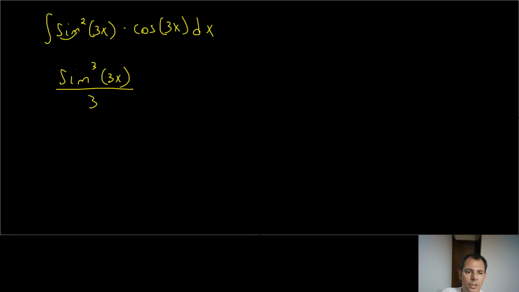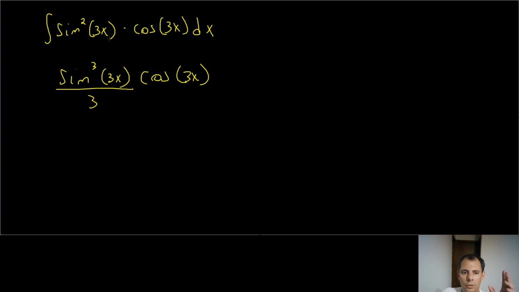What is the derivative of sine? It's the cosine. Sine of 3x, I got a cosine of 3x here, so I'm fine. But then you also have to divide by the derivative of the inner function, not this inner function here, but this inner function here.